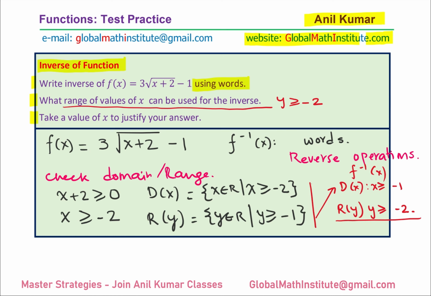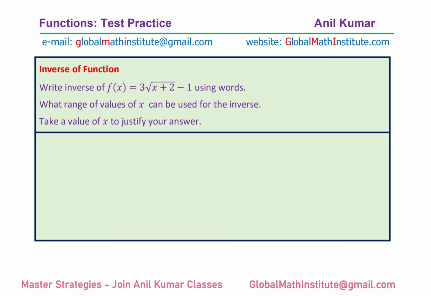Here is my suggestion. So as I was saying, the function itself is given to us as equal to 3 times x plus 2 square root minus 1. So what are the operations being performed? That is what we have to look into, right? So if I feed in x, then first thing is to x we add 2, right?